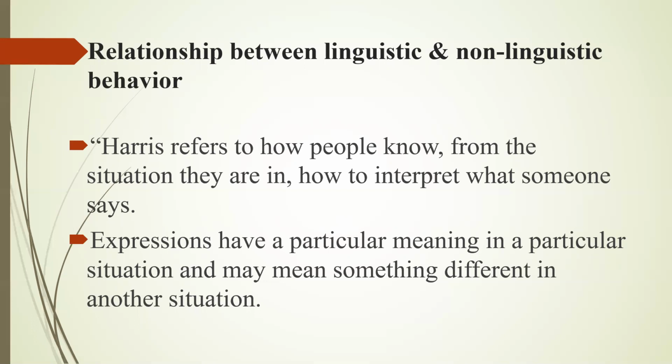It can be used to elicit information in a particular situation. මොකද කරන්නේ? It can be used as a warning in a particular situation. So in order to interpret it, we need to see the situation. We need to know about the situation in which it is used.